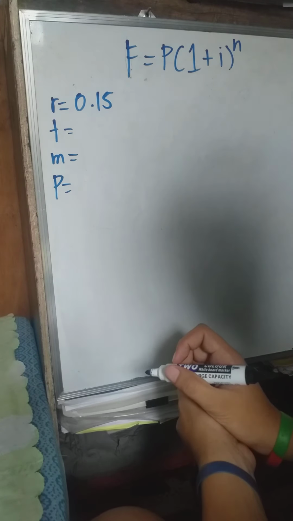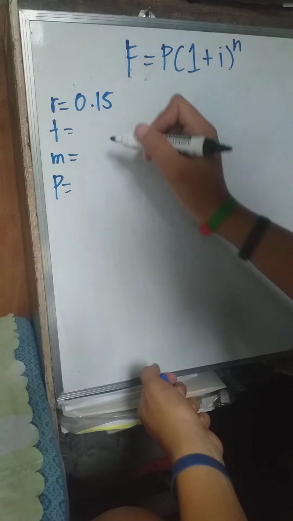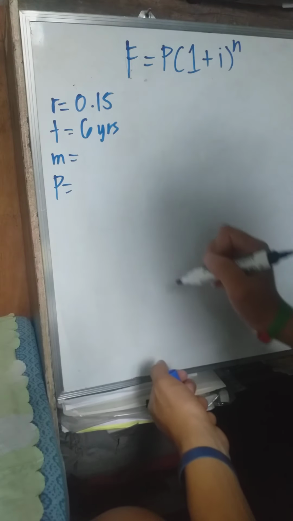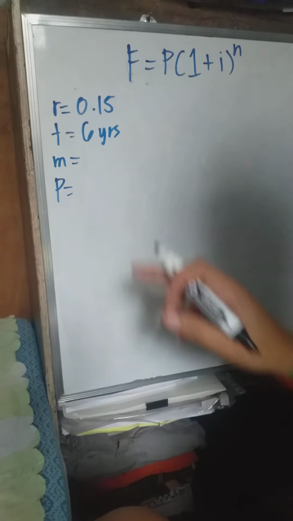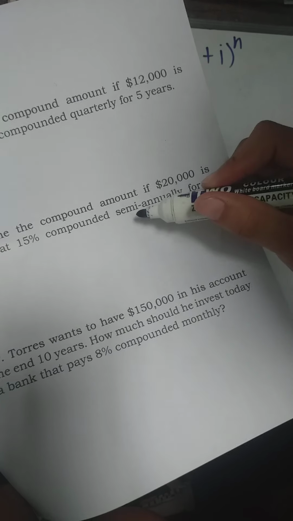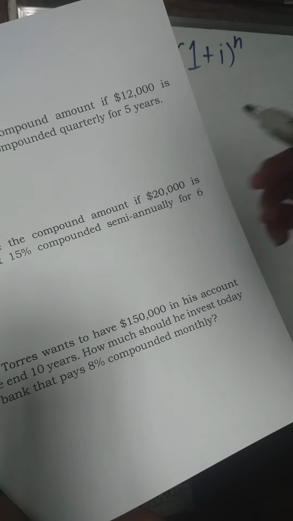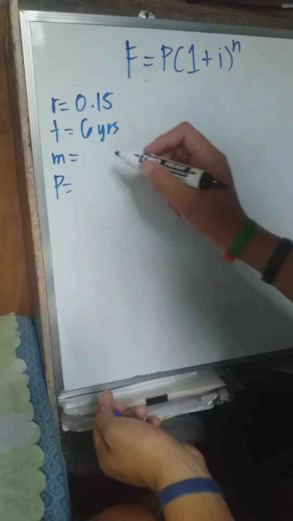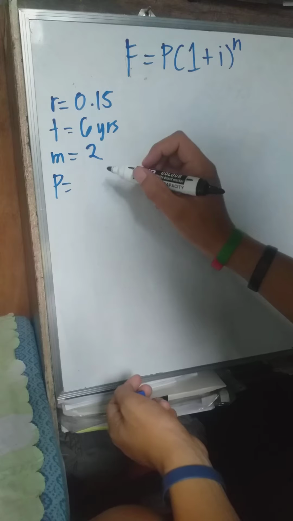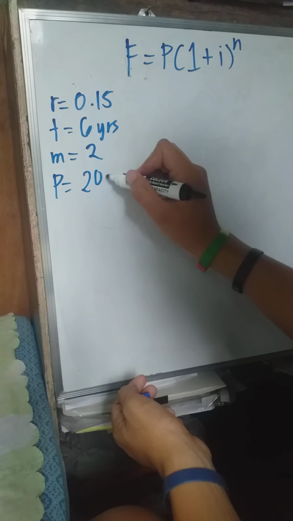What is T? T is 6 years. So, this is 6. M? What is M? M, based in our problem, is compounded semi-annually. So, semi-annually, it means the M is equal to 2 and P is $20,000.